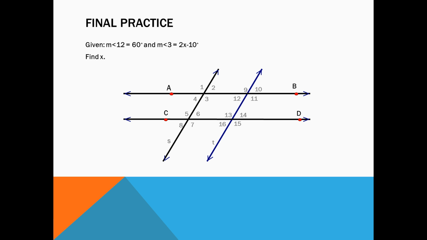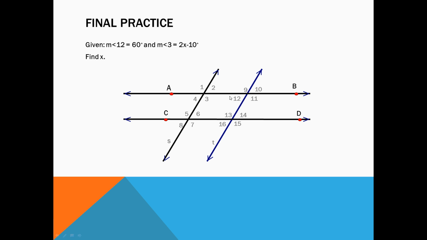If we treat line AB as the transversal, this is an example like what I was talking about in the last lesson, where we're going to have to look at the picture flipped a little bit. So if AB is the transversal, then angle 3 and angle 12 right here are same side interior angles. That means that they must be supplementary.